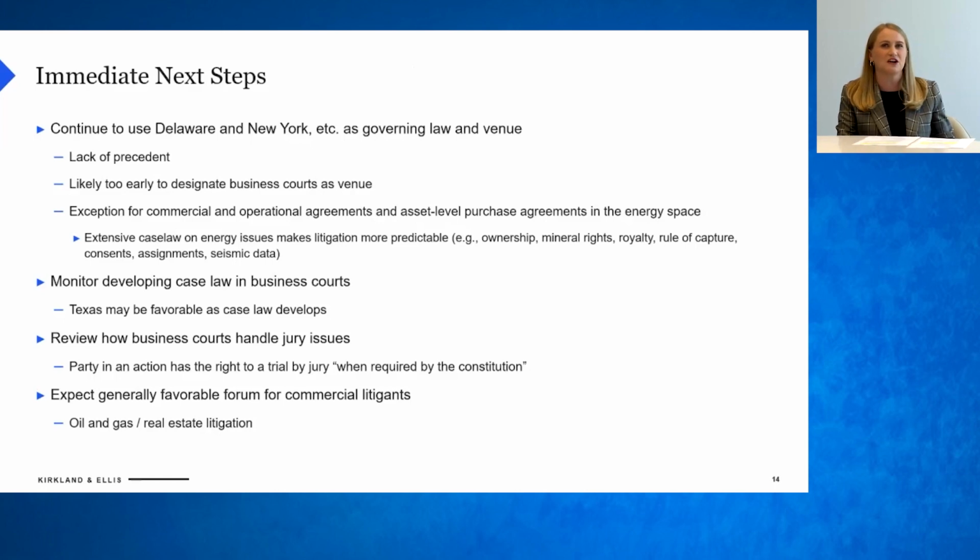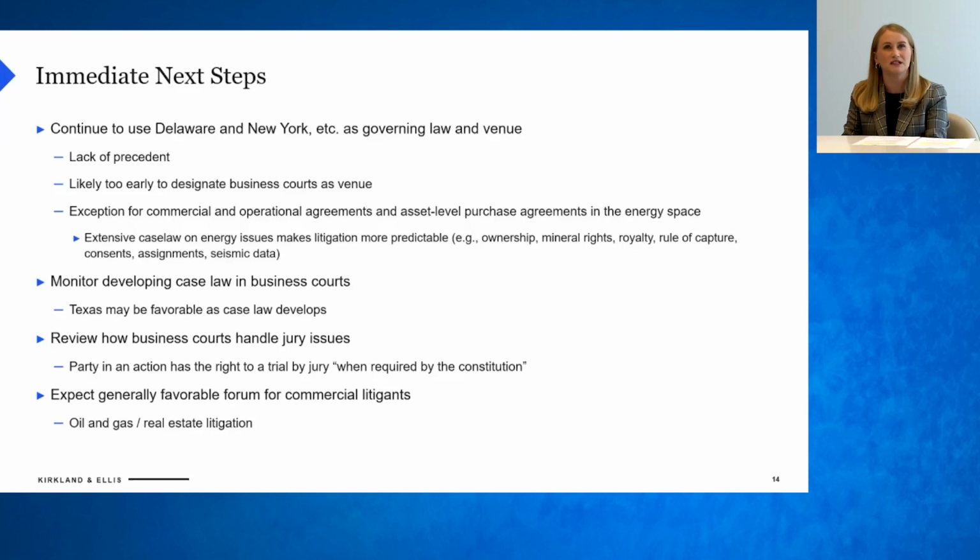I mentioned that we think early litigants will have an opportunity to develop some of the precedent. In the meantime, especially for equity-based transactions, equity-based agreements, and commercial agreements, we think it's probably best to continue using choice of law, governing law, and venue in Delaware, New York for loan agreements, things like that, just while the courts are getting up and running.